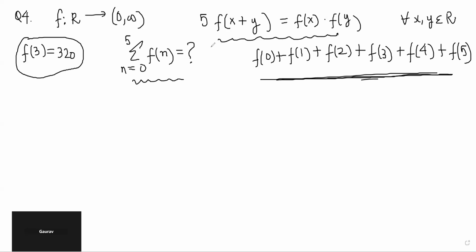First thing that you should try to do is find f of 0. Can you find f of 0 from this condition? Yes, sir. How? By putting x is equal to 0 and y is equal to 3. Okay, so what comes then?